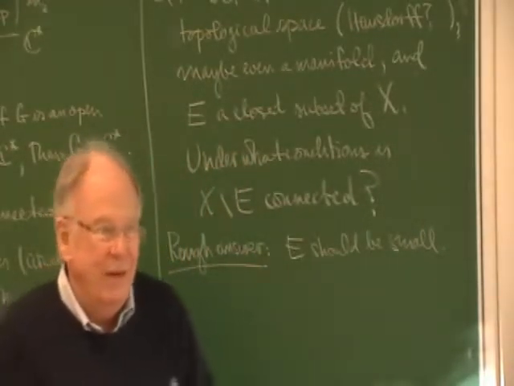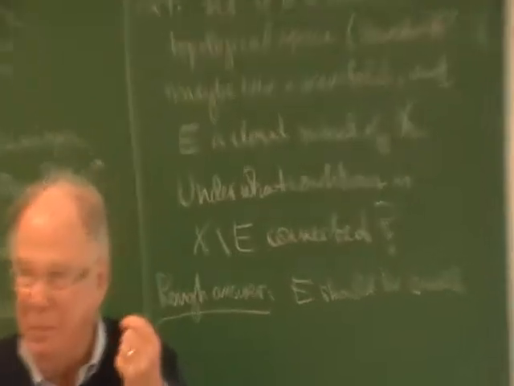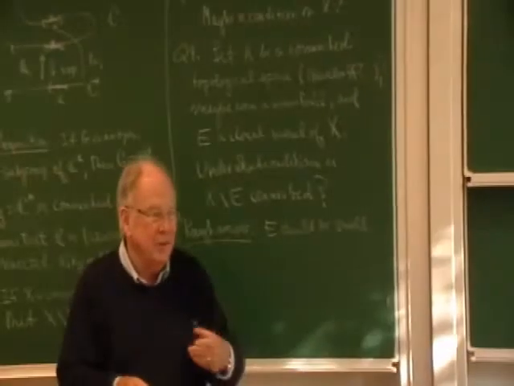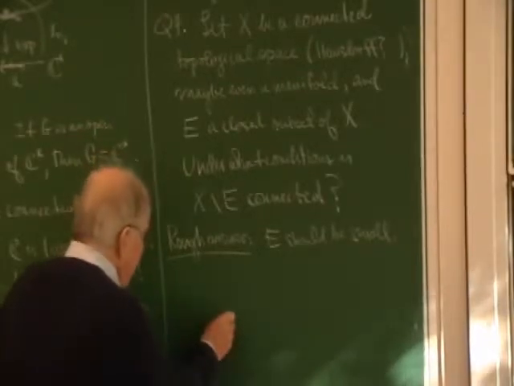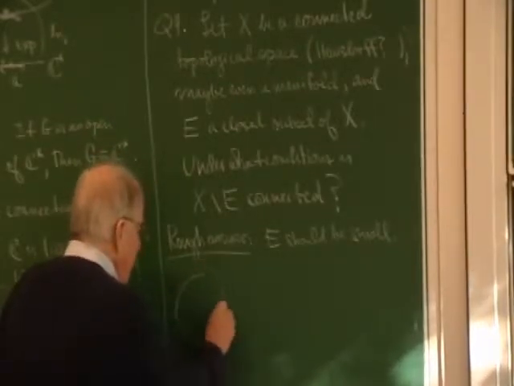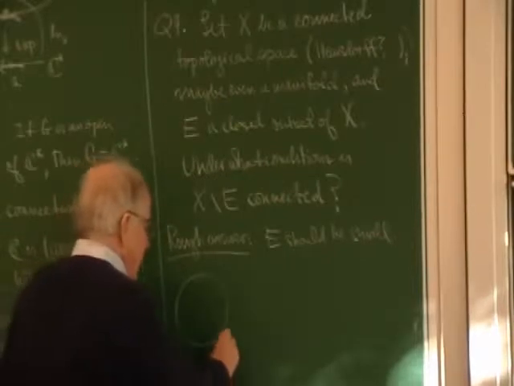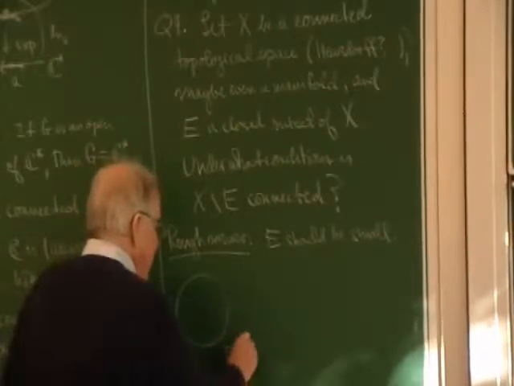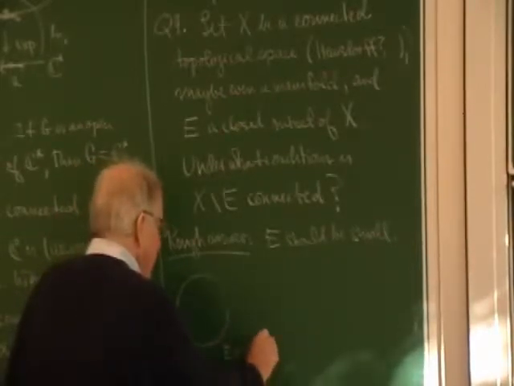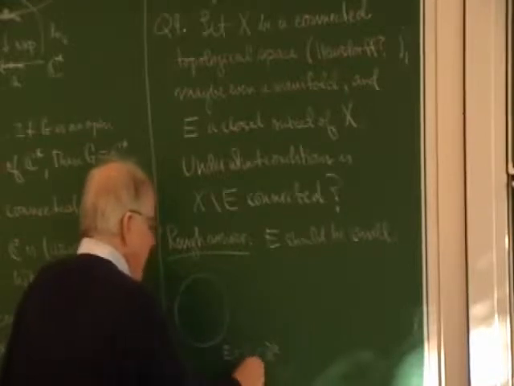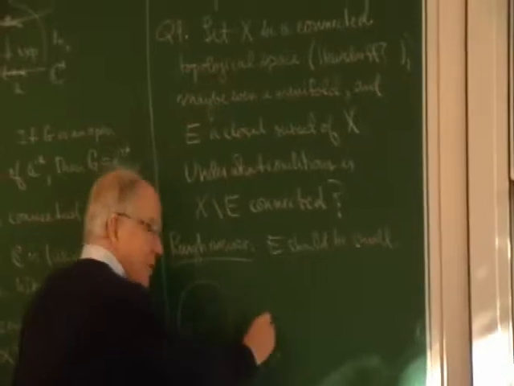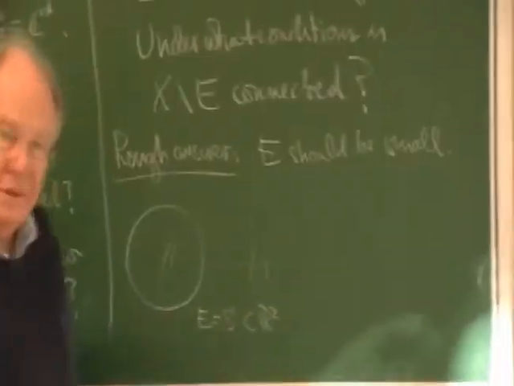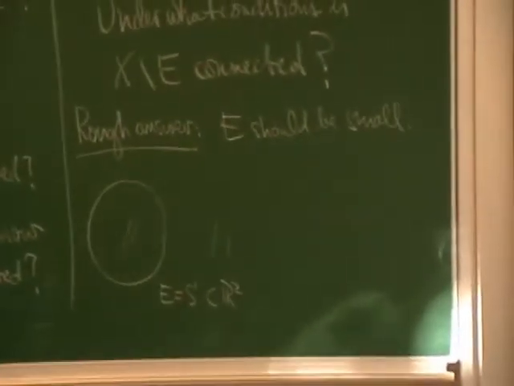Right? Somehow if you remove a small set, well, like a point, or 2 points or something like this, it's okay, but then you start thinking of a measure theoretic, something that's small is a circle. E is equal to a circle in R2, and that's not small enough because it divides the plane into 2 parts. Right?